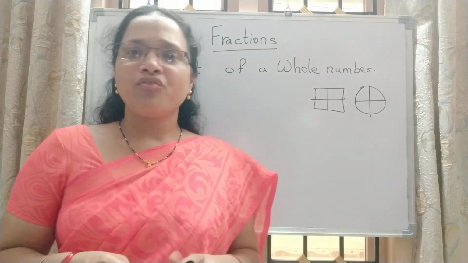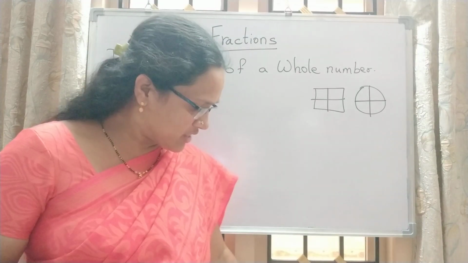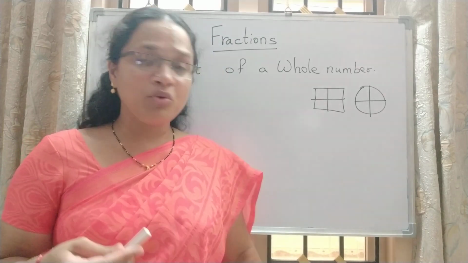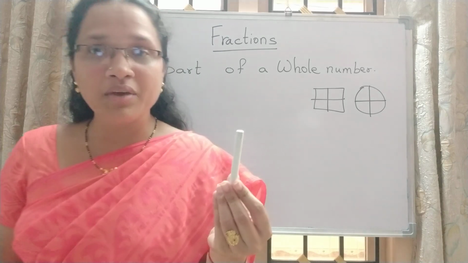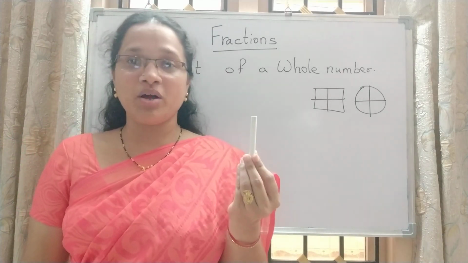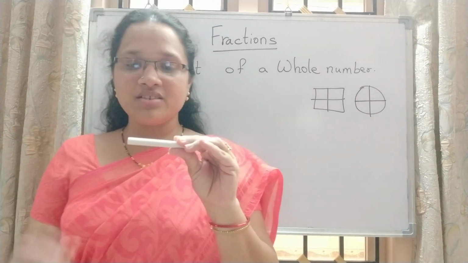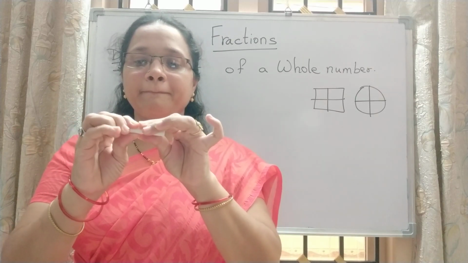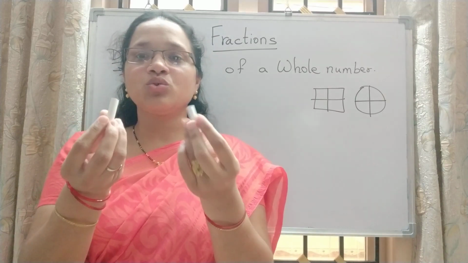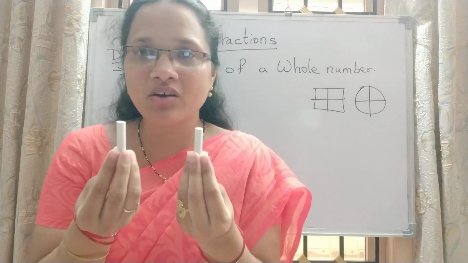For example, a live example I can show you. Suppose, see what is there in my hand. Yes, it's a chalk. So this chalk piece I can make into 2 equal parts. Yes or no, children?